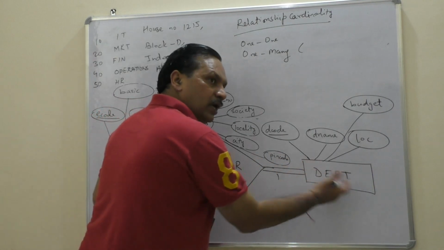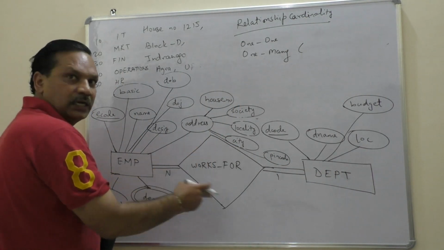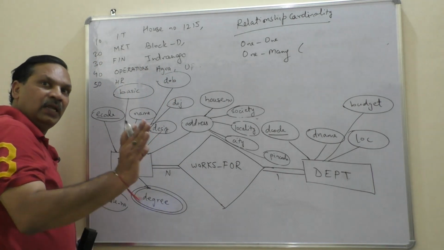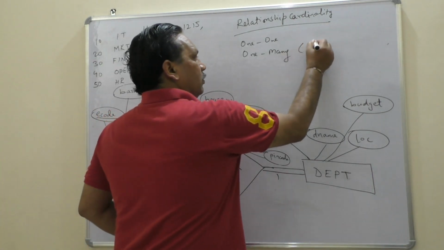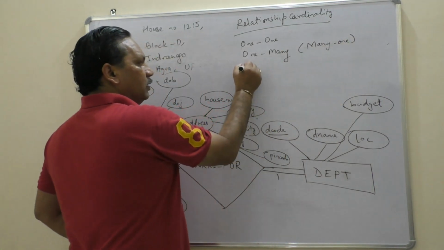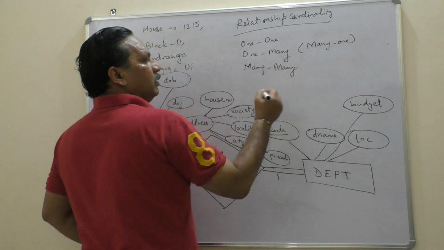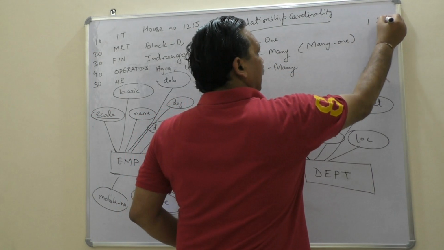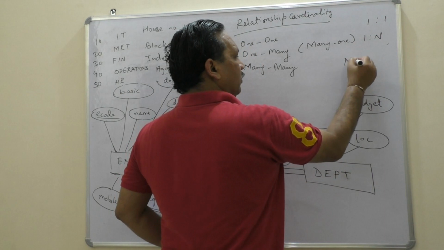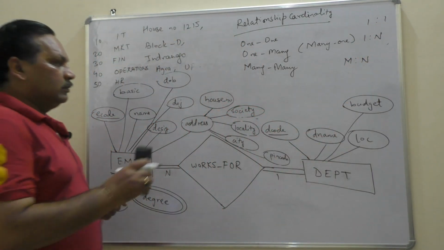If I say from department to employee, the relationship works for is one-many. If I talk from the other side, it is many-one. So it is one-many or many-one, depending on which side you are talking about. And the third is many-many. Clear? Symbolically, in short, we write the first as 1:1, the second as 1:n, and this one, many-many, as m:n. That is how we denote it.